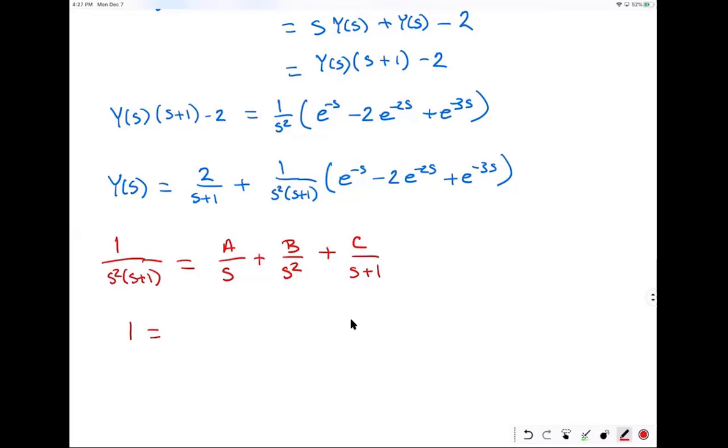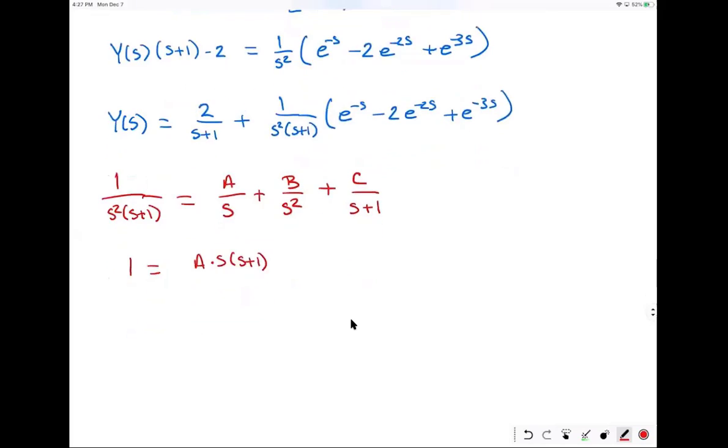So then 1 equals A times S times S plus 1, multiplying both sides by S squared times S plus 1, plus B times S plus 1, plus C times S squared.